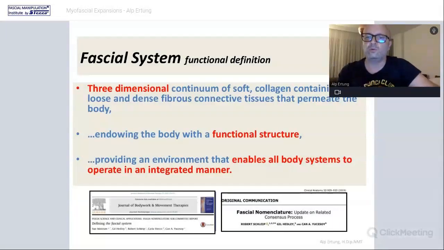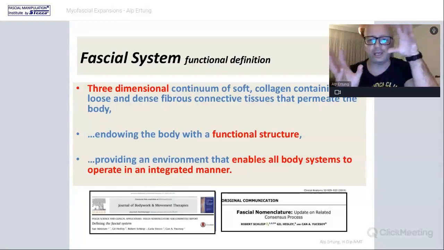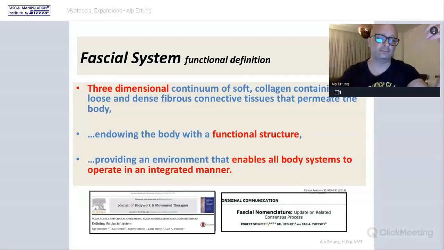So we already have a three-dimensional architecture, and it has a functional integration ability, because it connects everything with each other, and it's really important. This integration is important, like how we are able to integrate these structures. And it's easy to analyze the human body in a functional way like this.